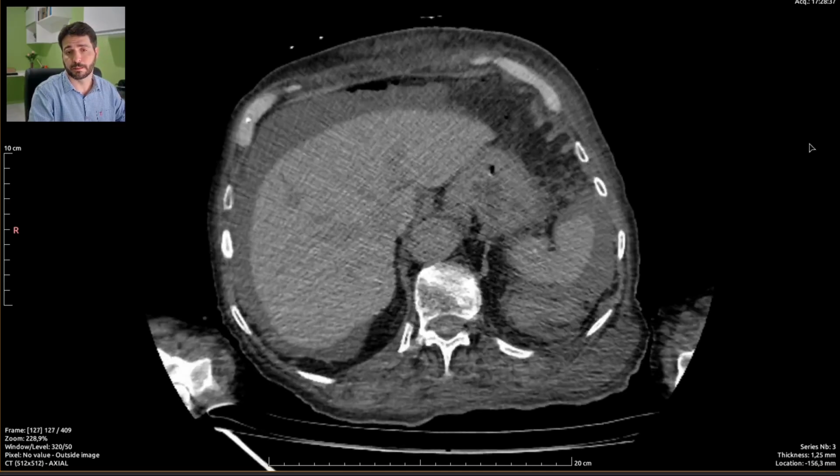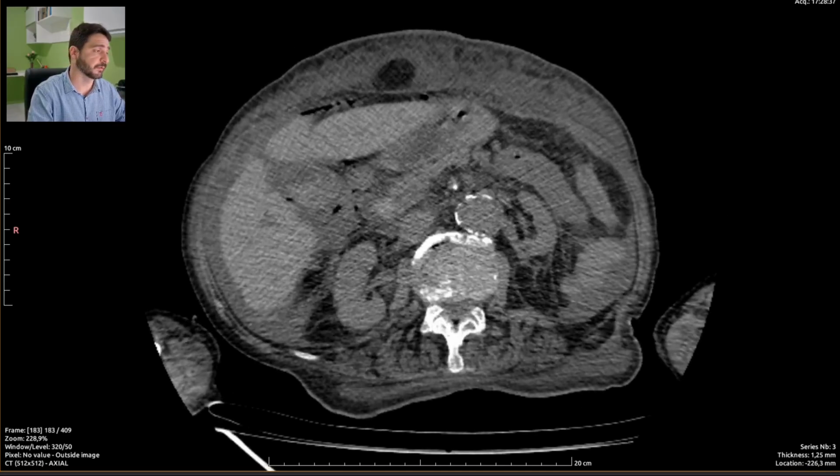I can say the liver is okay. Just going to mention the ascites and the pneumoperitoneum.